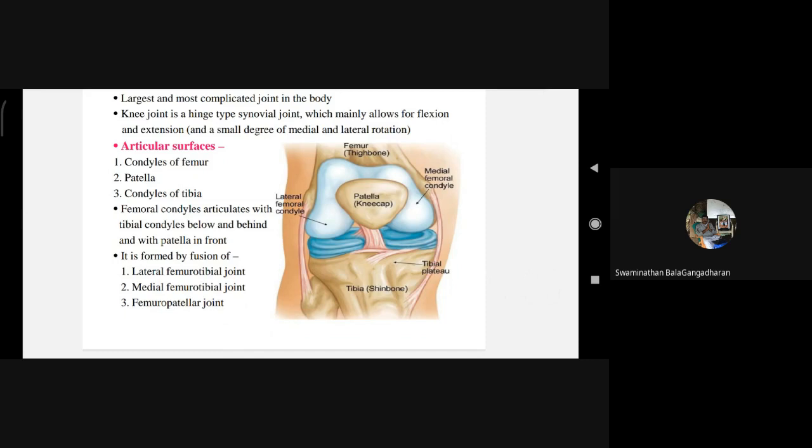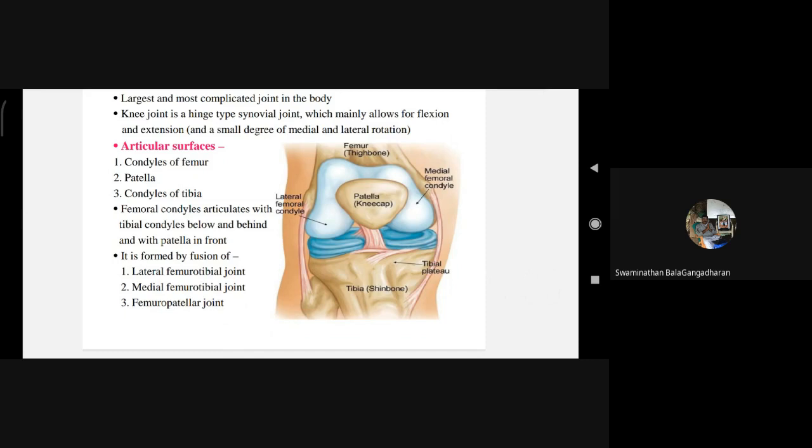If we fix our upper leg with our hand, then our lower leg can slightly rotate to the medial side and lateral side of the body, towards the left and right.